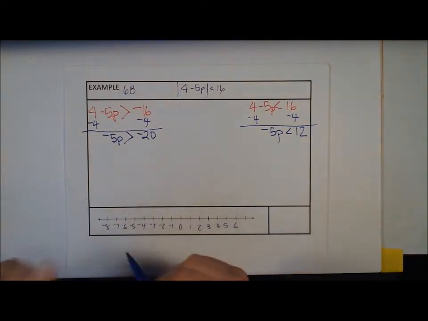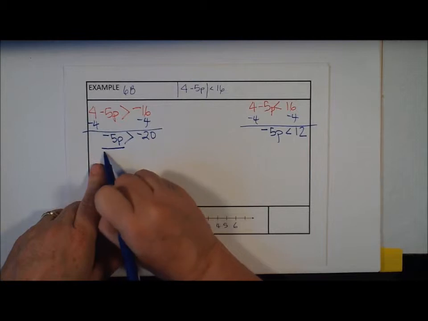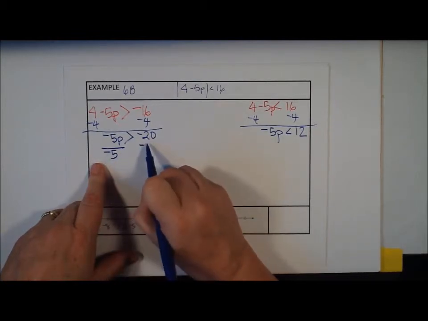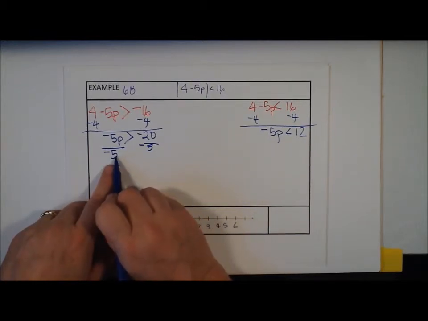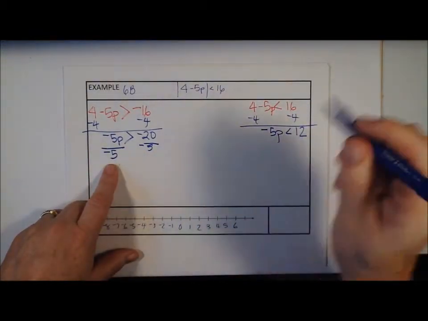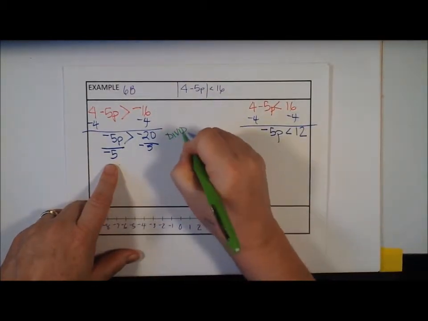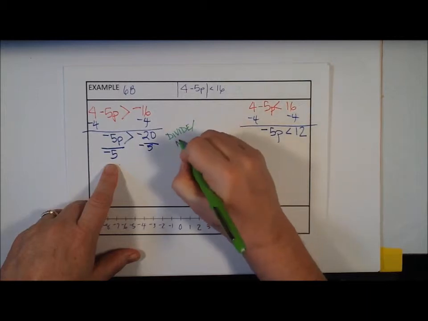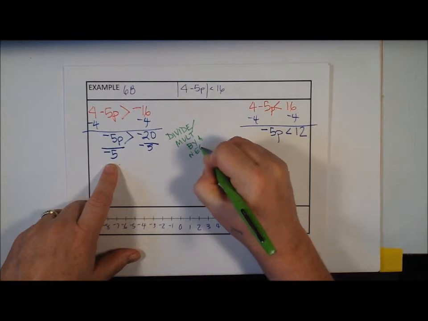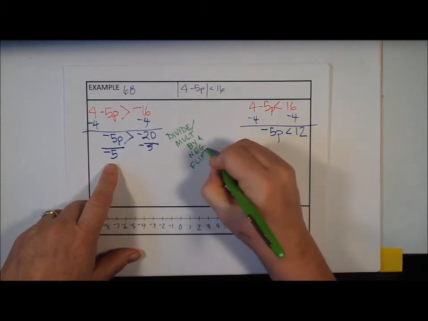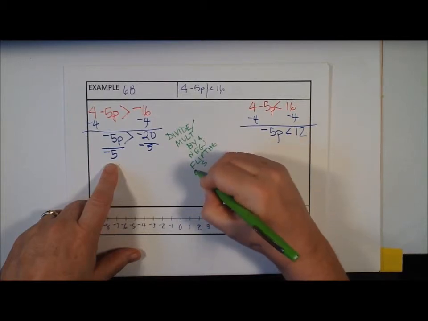Now, this is going to be one of those weird important moments in inequalities. I have to divide by negative 5 to get p alone. And when you're working with inequalities and you divide or multiply by a negative, you flip the sign, the operator, sorry.